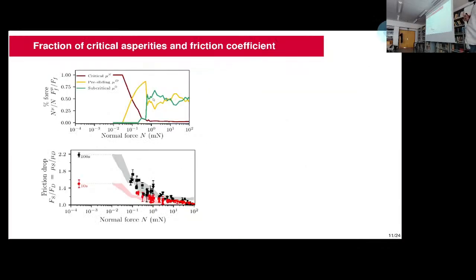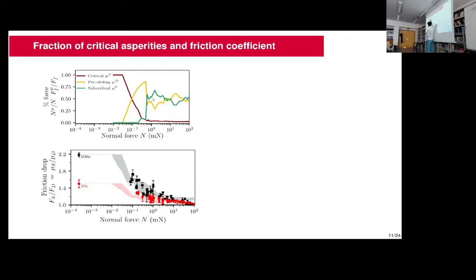We can look at it in a slightly different way. We can look at the fraction of the total normal force that corresponds to the critical asperities, the pre-sliding asperities, and the subcritical ones. That's the curve here. And we can look at it as a function of the normal force. When we have really low load and just a single asperity contact, there are only critical asperities.